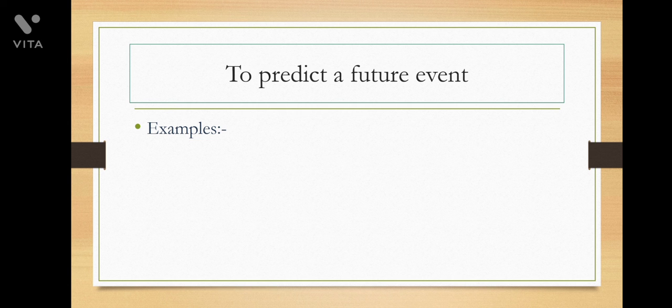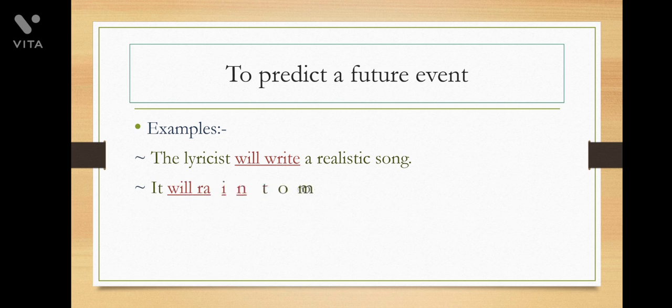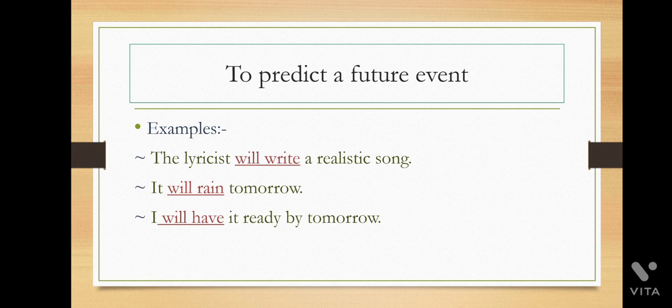Let's see the examples. The lyricist will write a realistic song. It will rain tomorrow. We are predicting that tomorrow it is going to rain. I will have it ready by tomorrow.